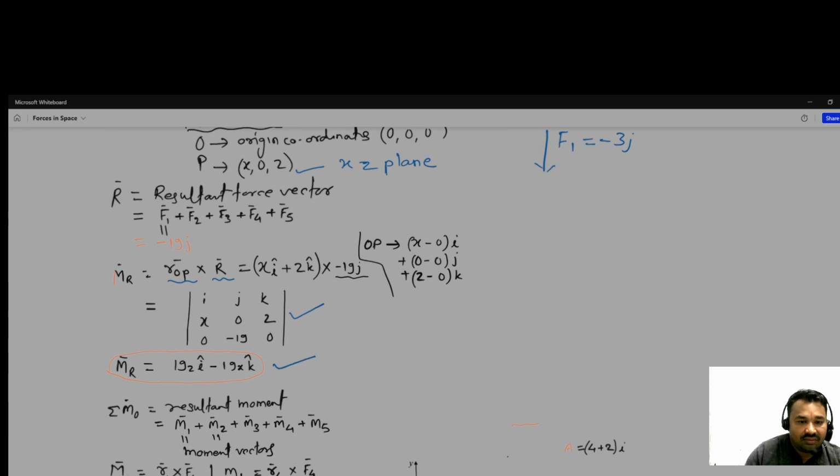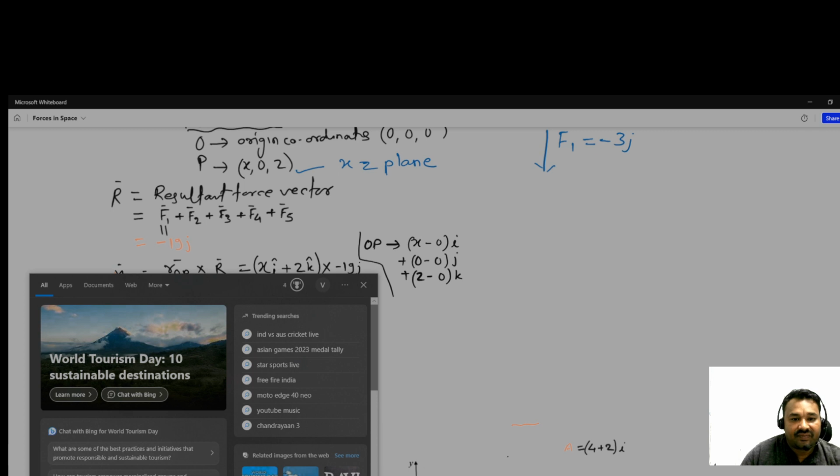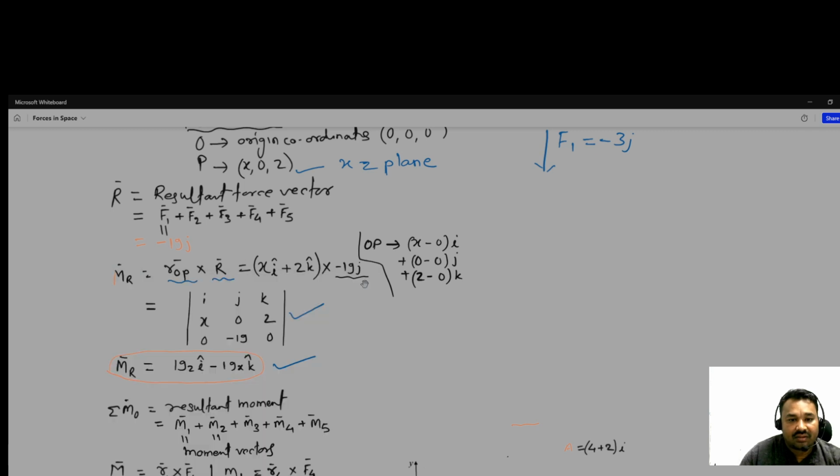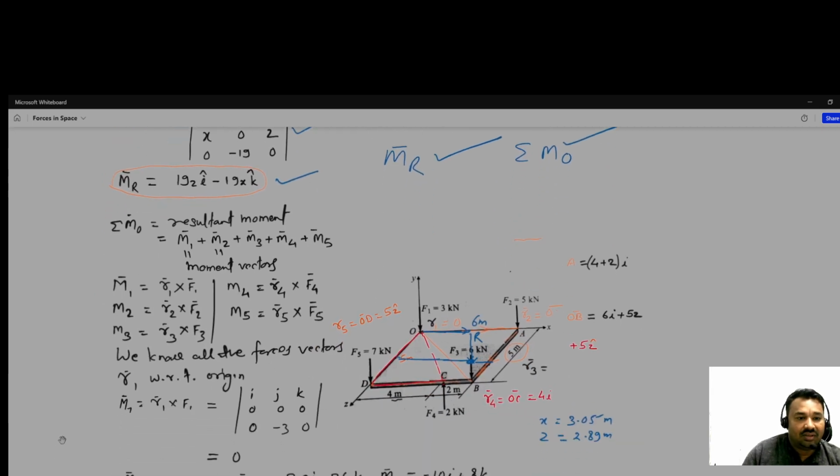Then coming back to now, what is moment of resultant, this we know. So what is required? This is required. Okay, so now we go behind this. So this is equal to summation of moment about O. So what is it? It is the sum of all moment vectors.